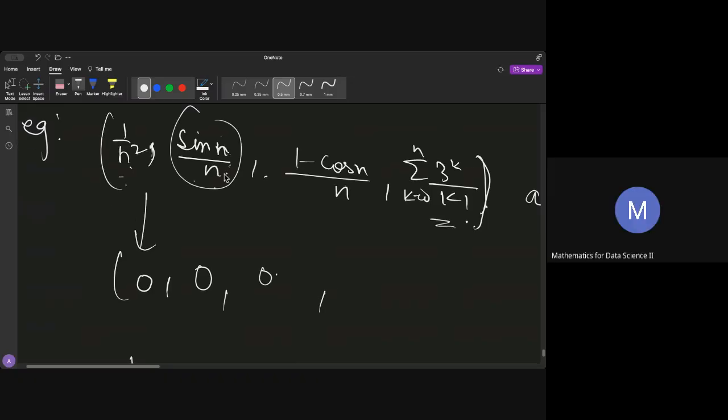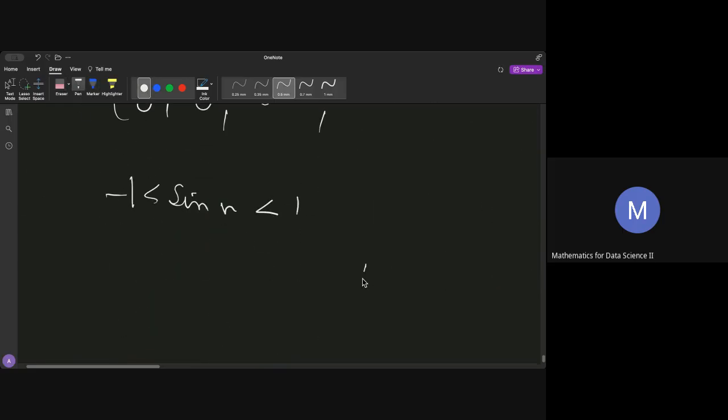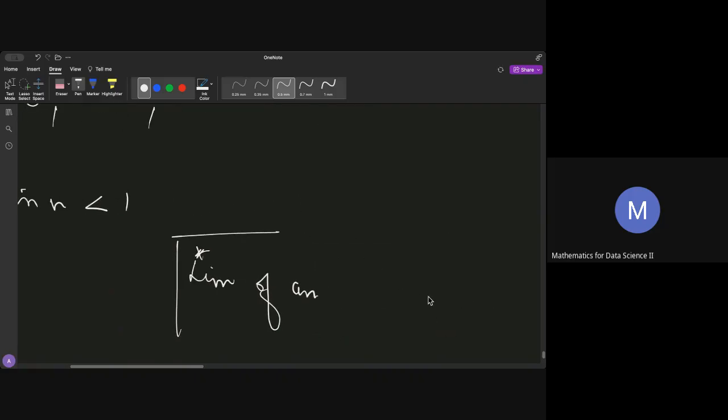No, when you take sequences, n always approaches infinity. Limit of a sequence means, when I say limit of an, it automatically means an when n tends to infinity, right? That's the meaning of limit of a sequence.